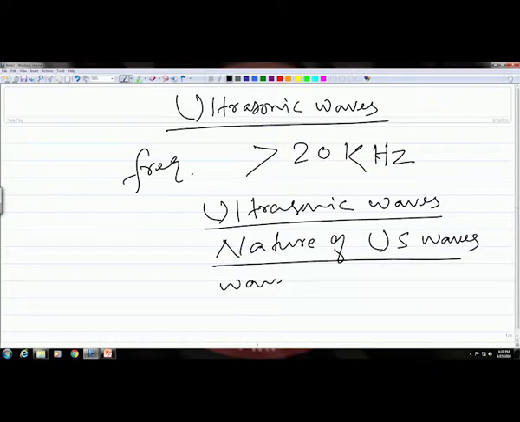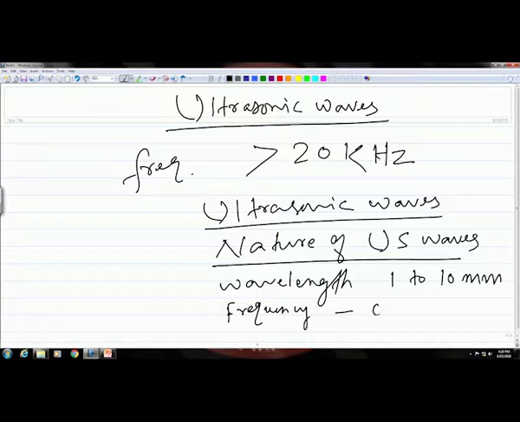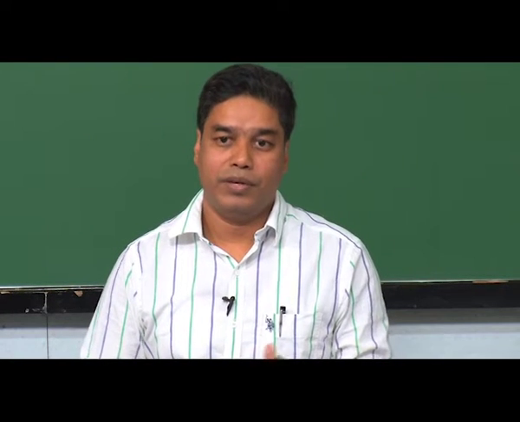for example, if you see the wavelength, it is in the range of 1 to 10 millimeter. Frequency is 0.1 to 15 megahertz, but generally for doing ultrasonic testing a frequency within 10 megahertz is used.